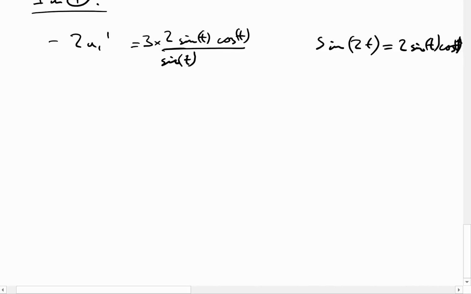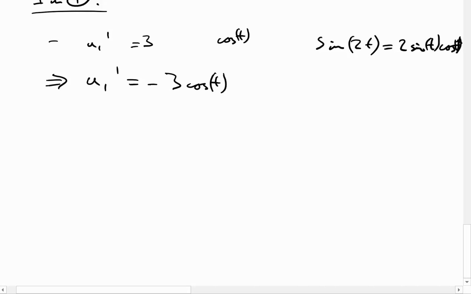Then I've got a sine over a sine, so those cancel off. I've got a 2 here and a 2 here, so those cancel too. What I'm left with is that u1 dash is equal to minus 3 cos t. So that's what u1 dash is equal to.